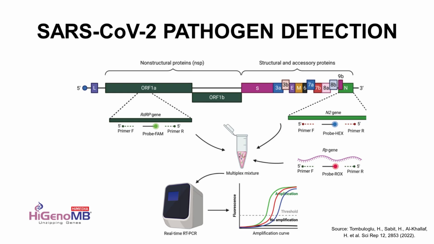Here, there are 3 different genes of SARS-CoV-2 which were targeted during clinical diagnostics, and amplification of all of these 3 genes can happen at the same time in a single PCR reaction by the advent of real-time PCR, and the results can be obtained.